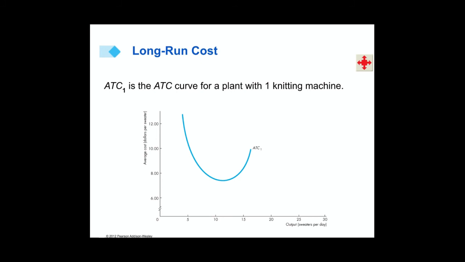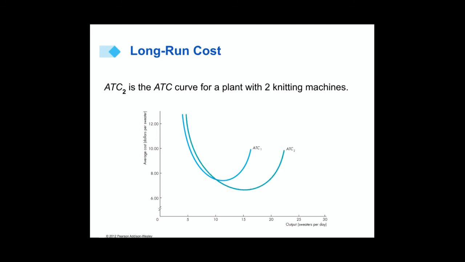And then we have the example of the factory with 2 knitting machines, and here you can see that the curve has a similar shape to it, but the low point is farther out to the right, meaning the scale of production where the average total cost is the lowest is at a greater output.